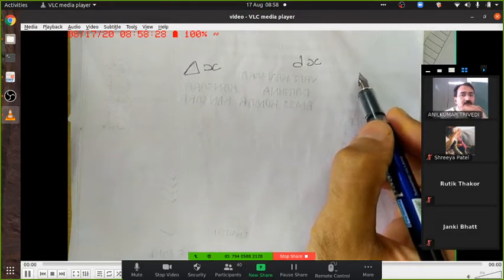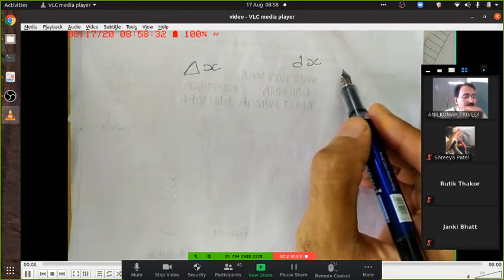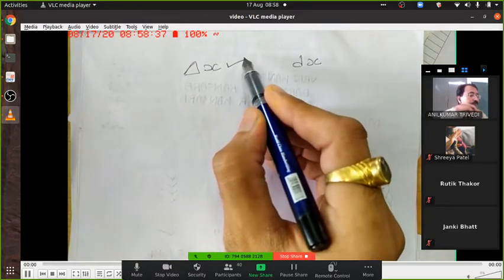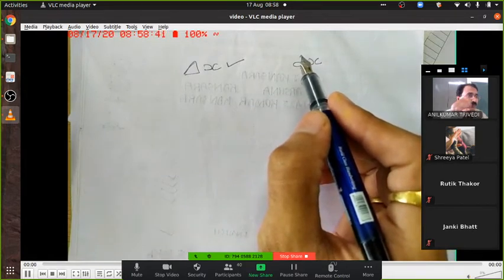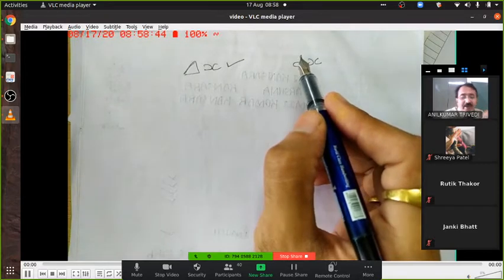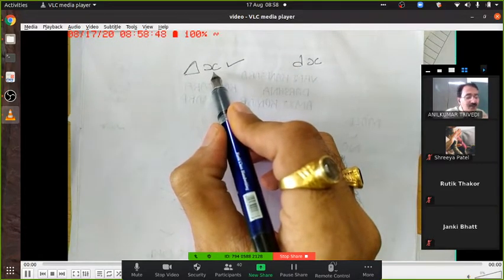Sir, when the time interval is very large, the displacement becomes delta x. Sir, delta t means time interval only, and dx means very very small. Good morning. x stands for meter, it stands for distance.